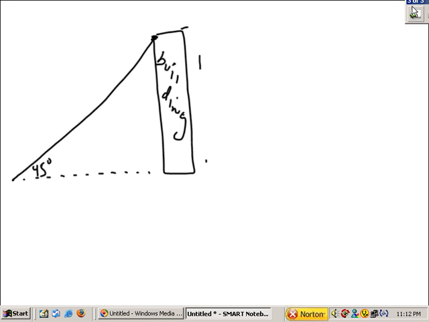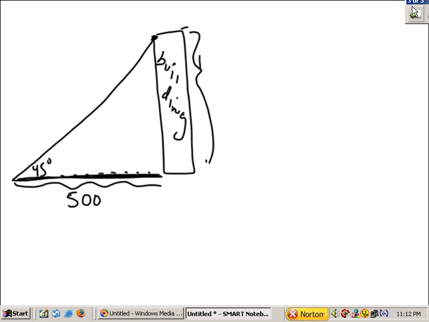And then what you do need to do is measure this. It's a lot easier to measure that distance. And maybe this is 500 feet. So how long is the building?